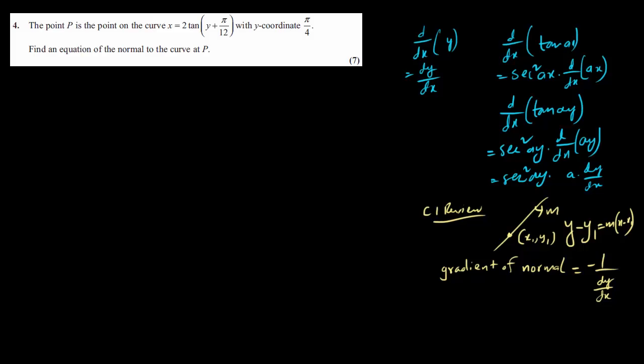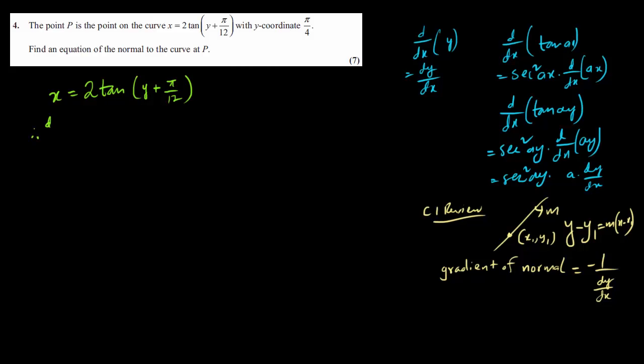So let's start with this. First of all, we have x equals 2 tan of, let me call this entire mess of an angle, theta. So 2 tan theta.